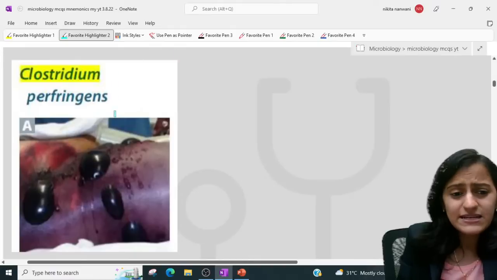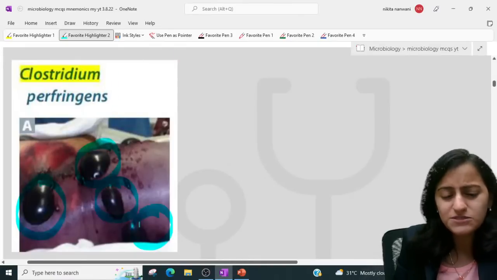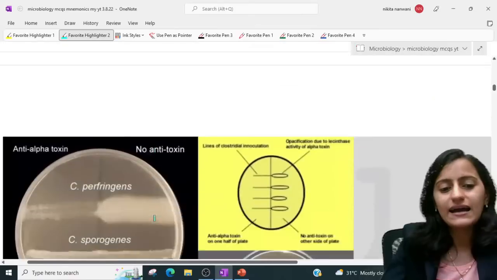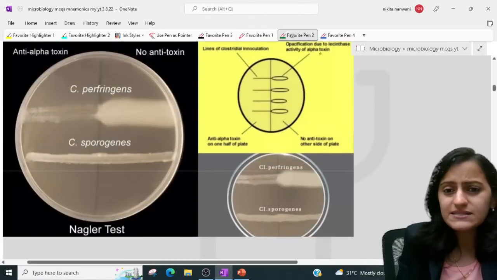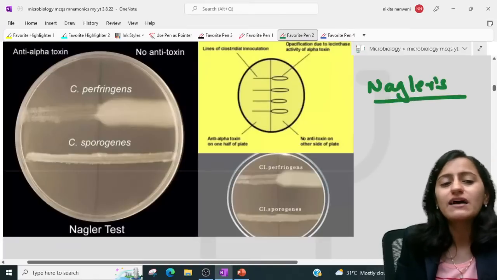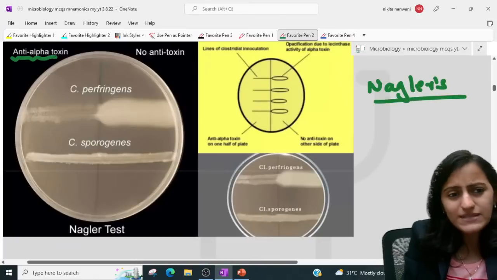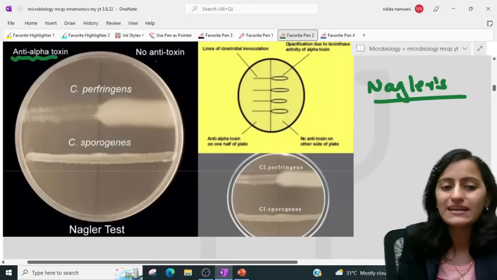So let's have a quick review of all these important points here. So that is Clostridium perfringens. This is an important image where you can see those blebs, right? And then what is this one showing? This image is basically showing the Naegler's reaction. What do we have in Naegler's reaction? On one side, we have the anti-alpha toxin. On the other side, there is no antitoxin.